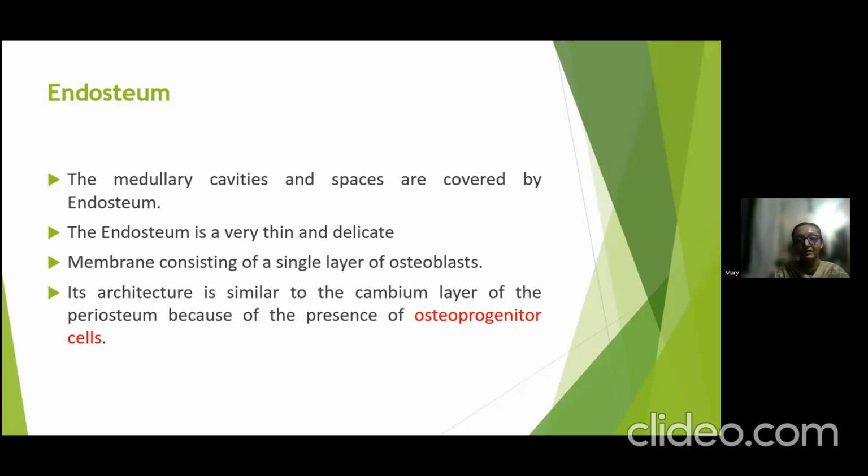These osteoprogenitor cells can differentiate into any type of cell according to the requirement of the area. Whichever cell is deficient, it can transform itself into those cells, be it osteoblasts, osteocytes or osteoclasts.